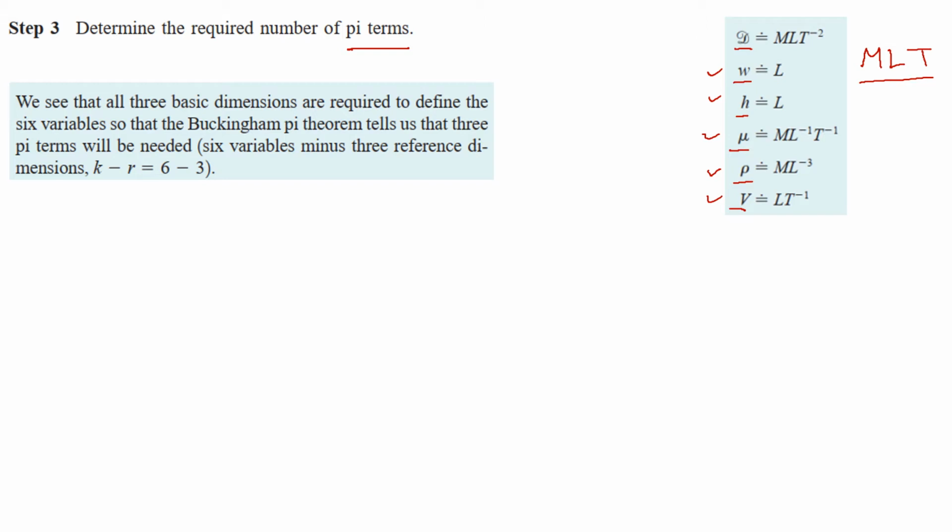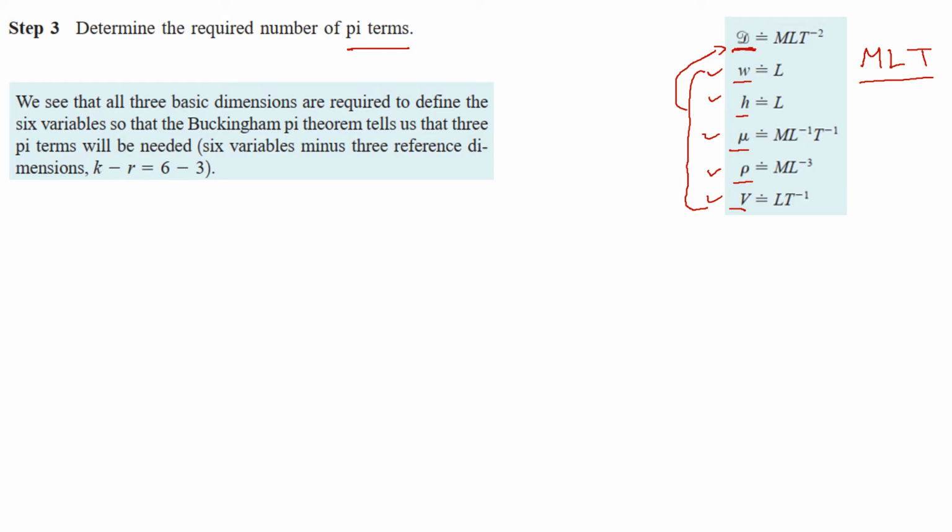In this case, our dependent variable is the drag force on the plate, and the independent variables are width, height, viscosity, density and velocity. So we will see the effect of these variables on this variable. This is the whole point of dimensional analysis.